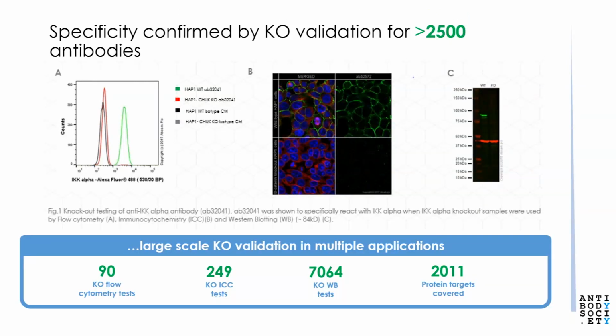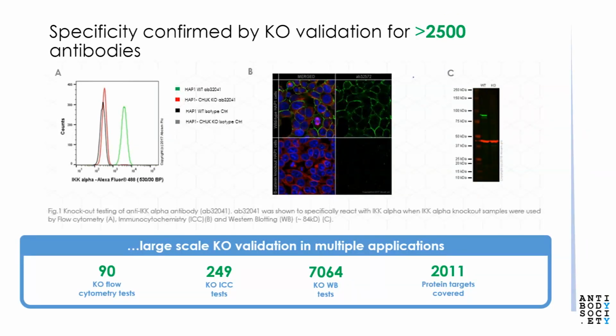But obviously doing this validation in multiple applications and with multiple antibodies is a really large effort. And I just wanted to give you an idea of the scale of this initiative. We have so far done about 90 knockout flow cytometry tests, over 200 ICC tests, and over 7,000 Western blots.